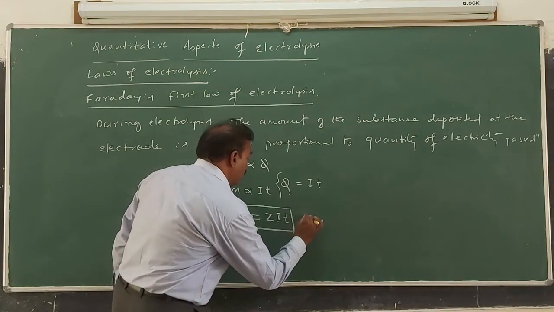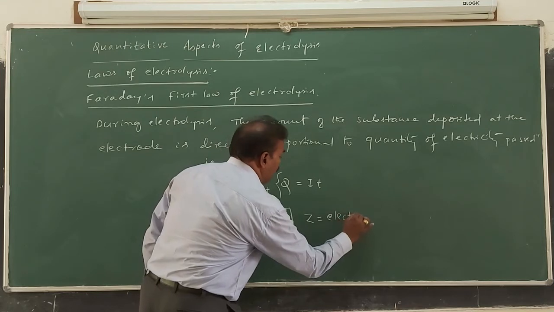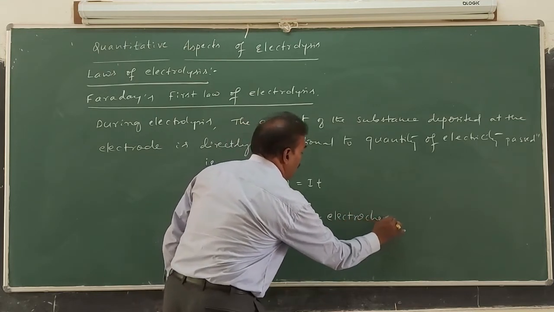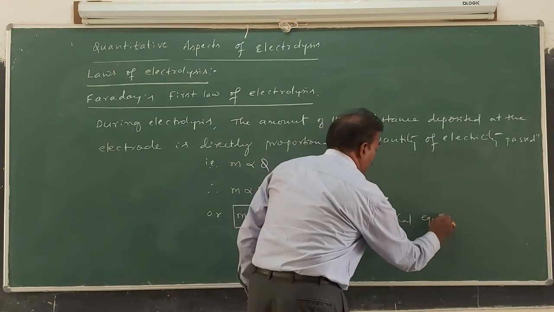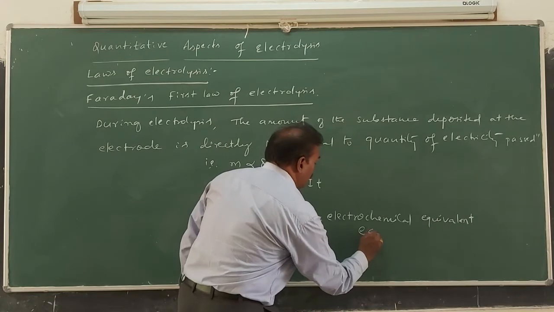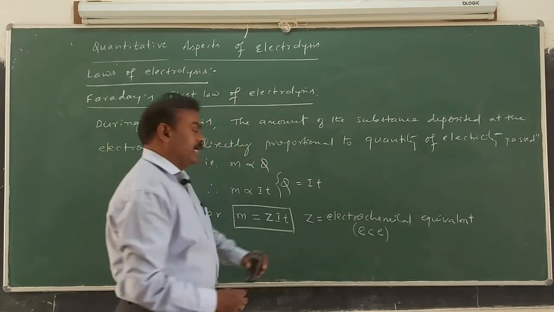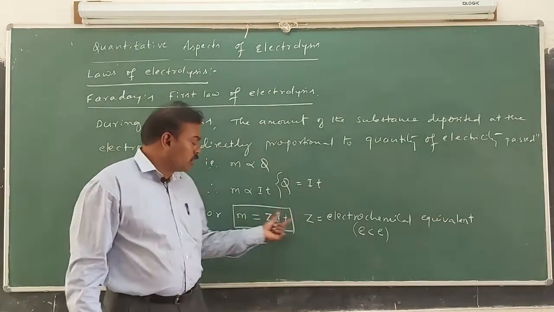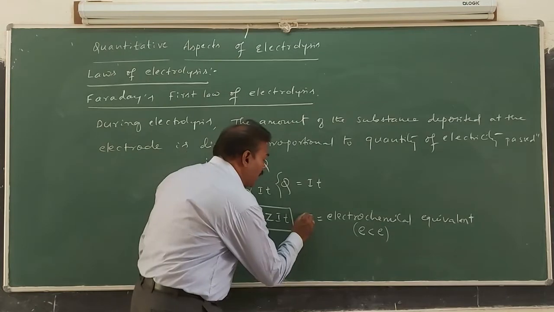Here Z is called the electrochemical equivalent, which is the proportionality constant.